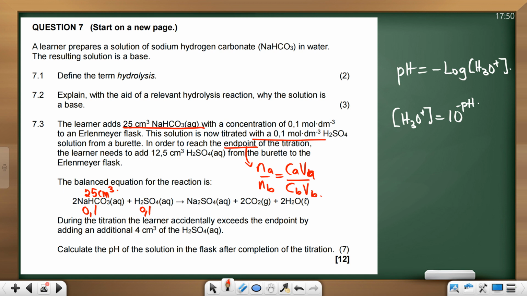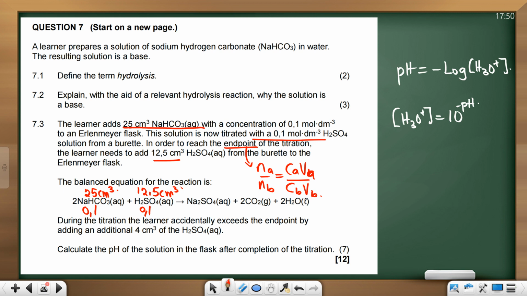It says the learner needs to add 12.5 cm³. So here is 12.5. Are we okay? So that should give me a complete neutralization.